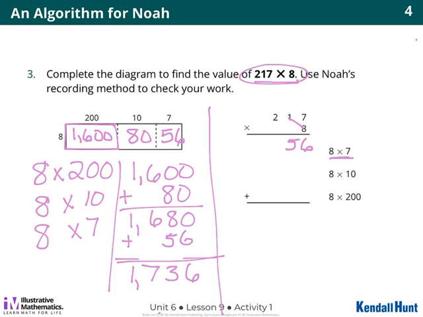Is that really a 1 though? No, it's a 10. So what is 8 times 10? 80. And then he did 8 times 2, but it's not really a 2, it's 200. And what is 8 times 200? 1,600. Now, if we do it correctly, we should have the same products that we had with our diagram. And so then we'd add them up, and we should get... What should we get, guys?